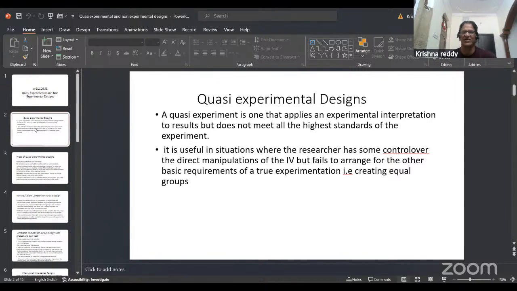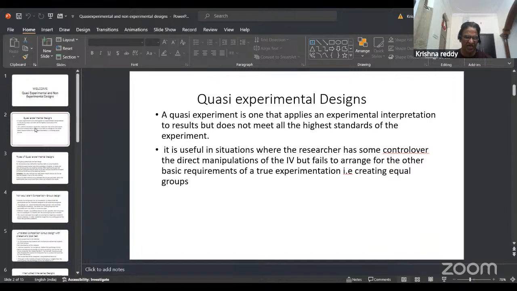That's the reason why most of the experiments that are conducted on human beings are quasi-experimental designs, to my knowledge, because they are conducted on human beings and you cannot control the inner traits of the individuals.